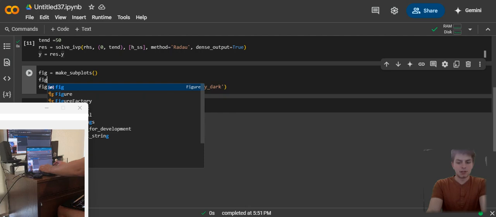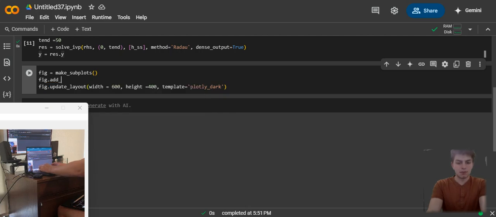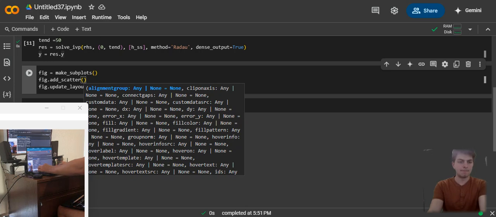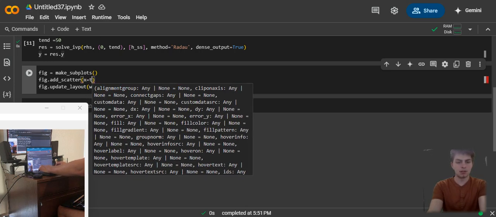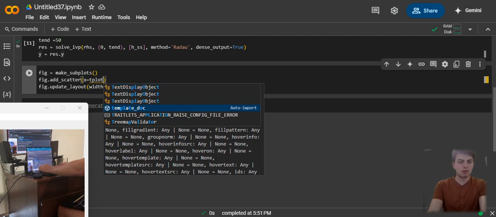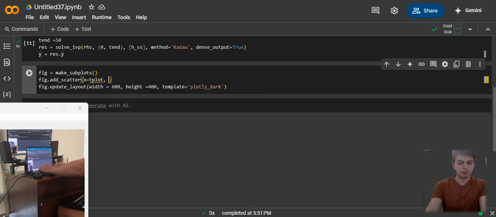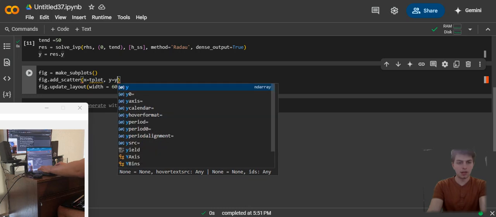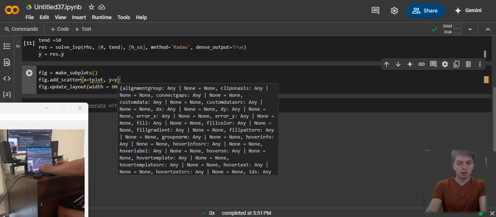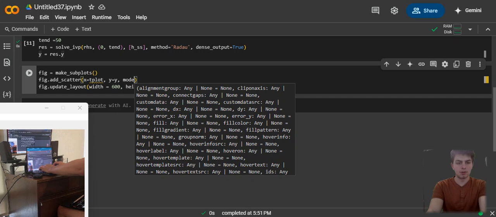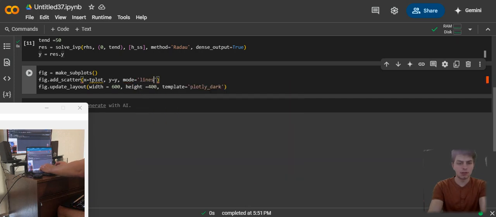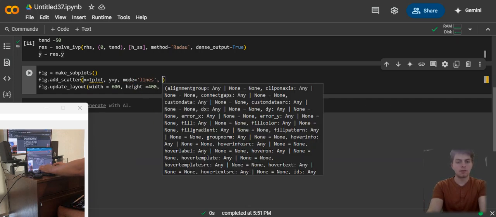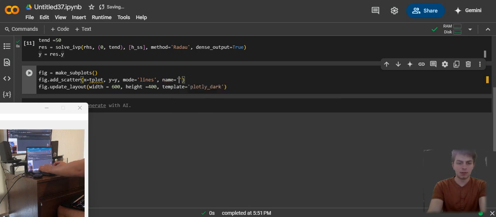And what do we want to add as a scatter? We want to go ahead and say x should be t plot, y should be y, and mode should be lines, and name can be numerical.